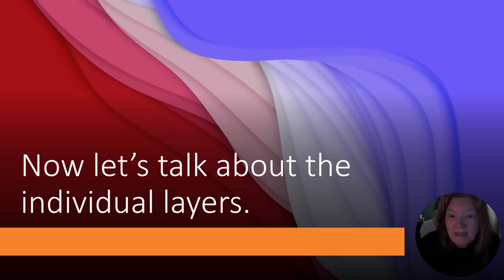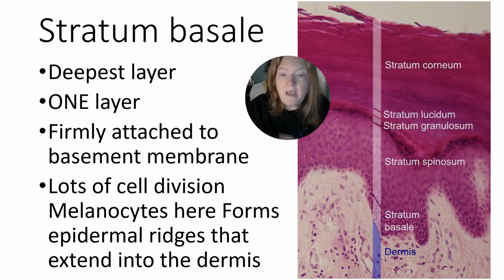So let's look at these individual layers. All right, so we have the stratum basale. The basale, like base, is the deepest layer. It is one singular layer of cells, and it is firmly attached to that basement membrane. So the stratum basale sits on top of the basement membrane.